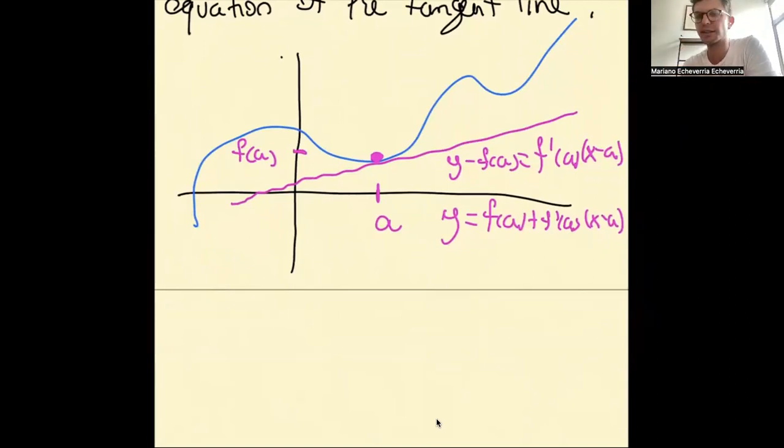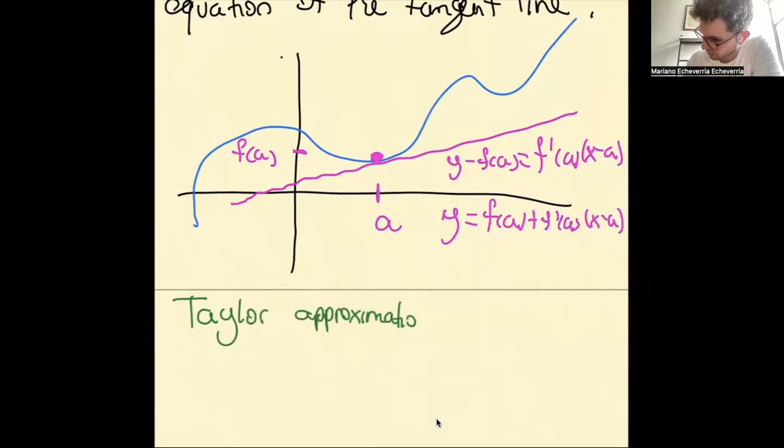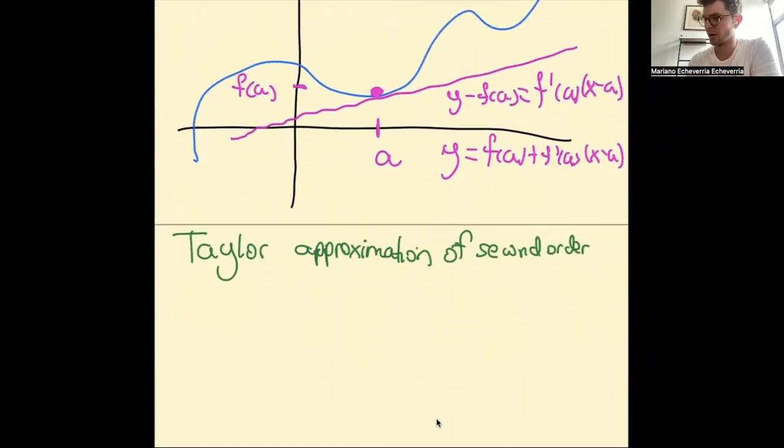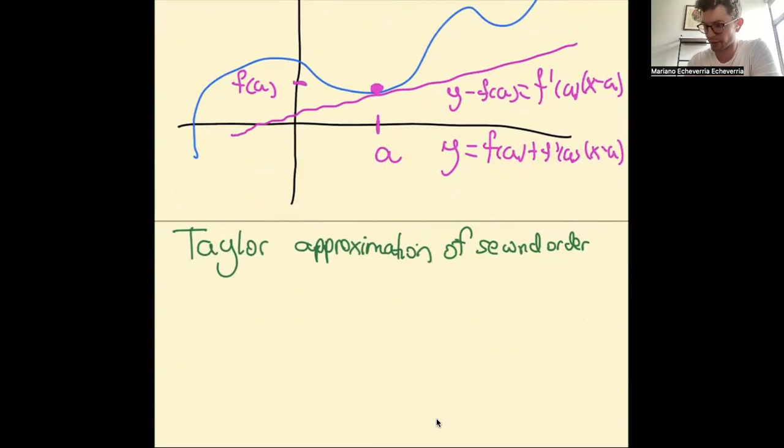So what is... it's called the Taylor approximation, or you could call it the parabola approximation of second order. Or you can also call it the parabola approximation.